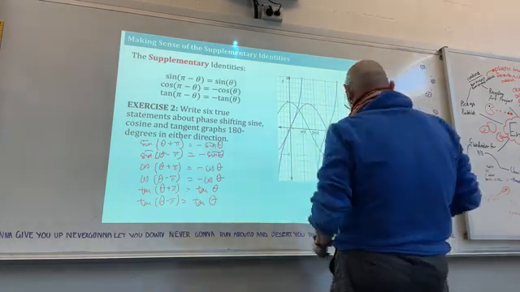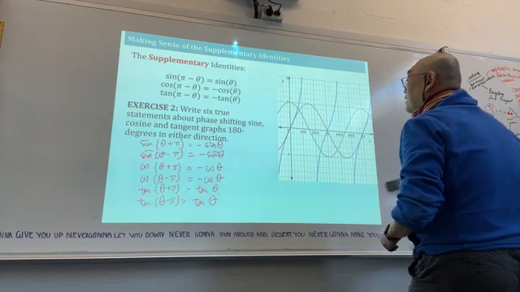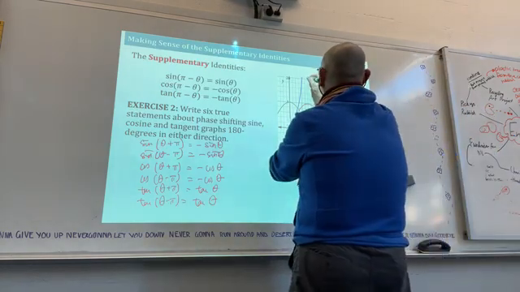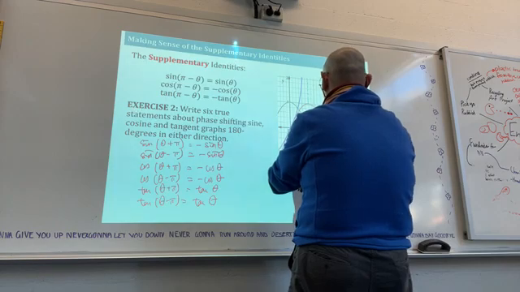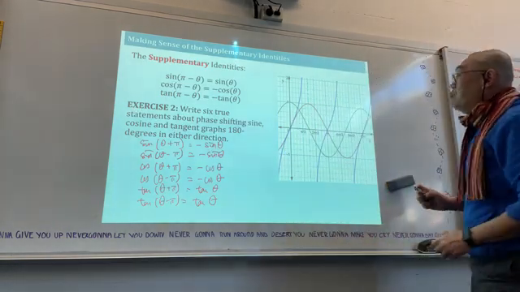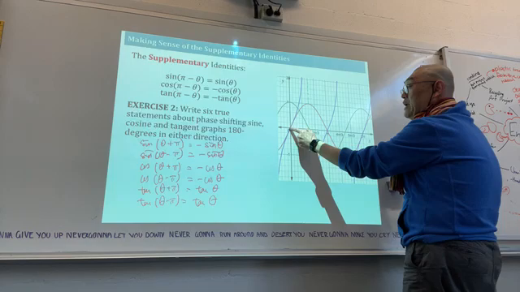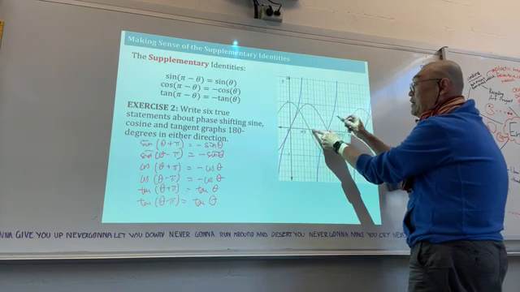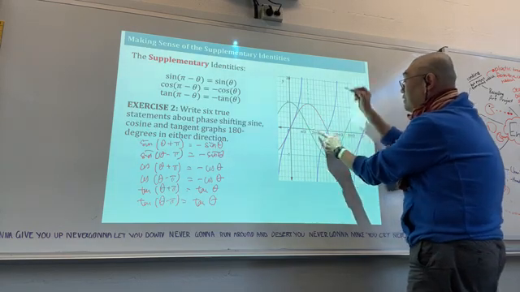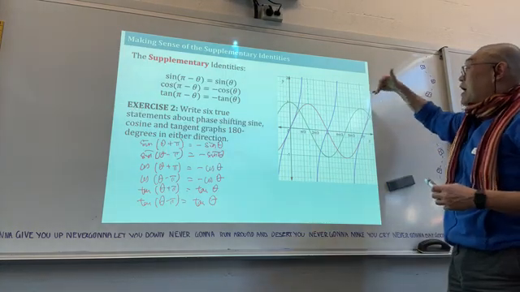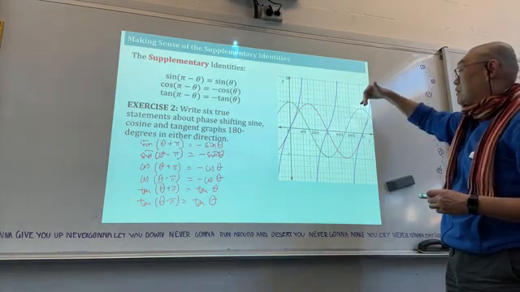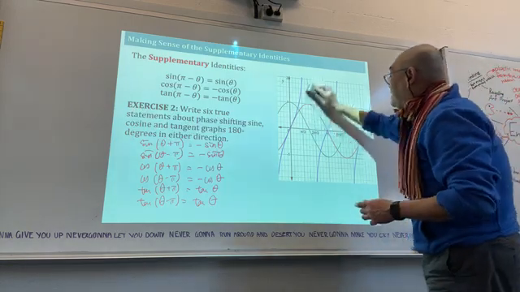So this is pi. When you're moving it by pi, it will move across to here.